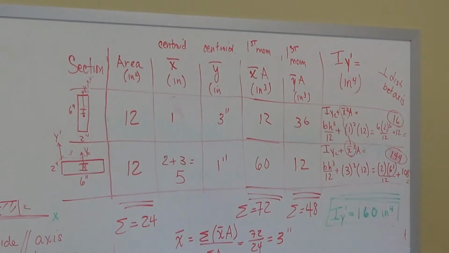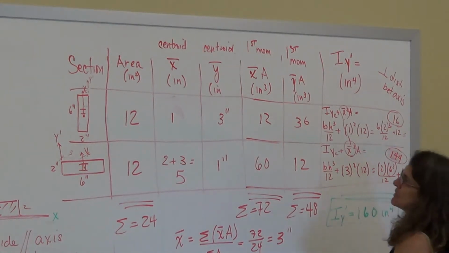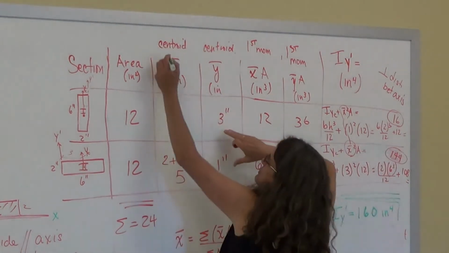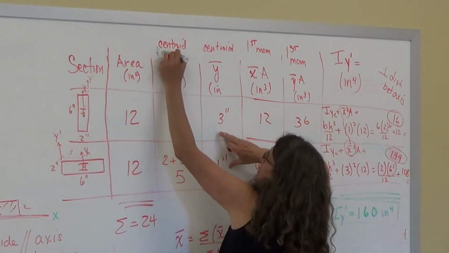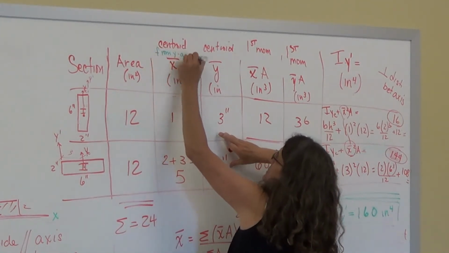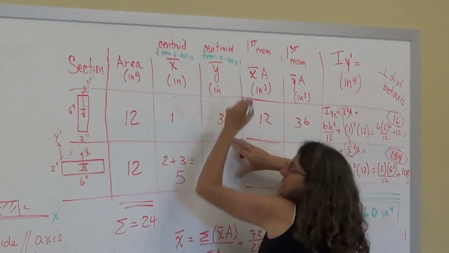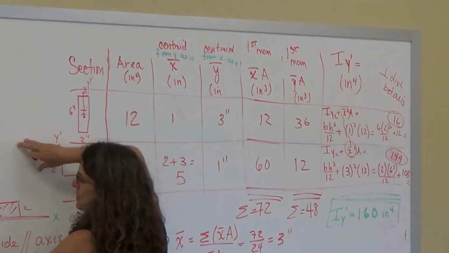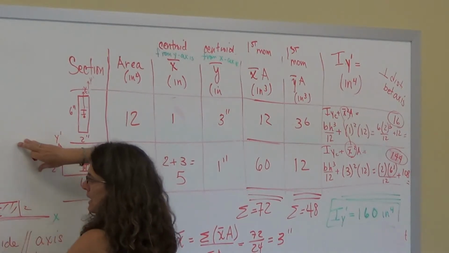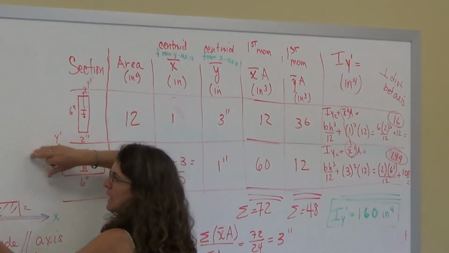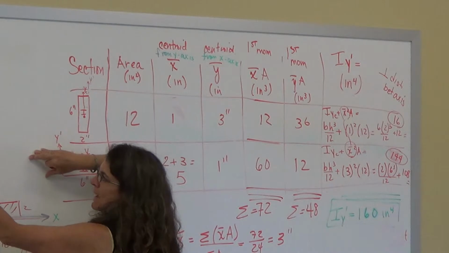But the moment of inertia is relative to the y prime. So the X bar is measured from the y-axis, and this is measured from the x-axis. So here's my y-axis going up here, right? And here's my x-axis. And I measured my centroid from the y-axis.